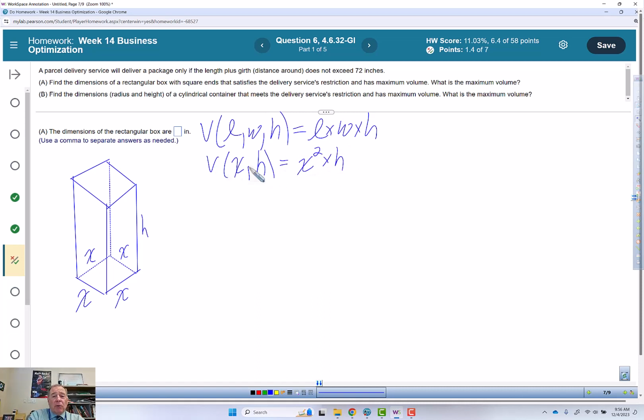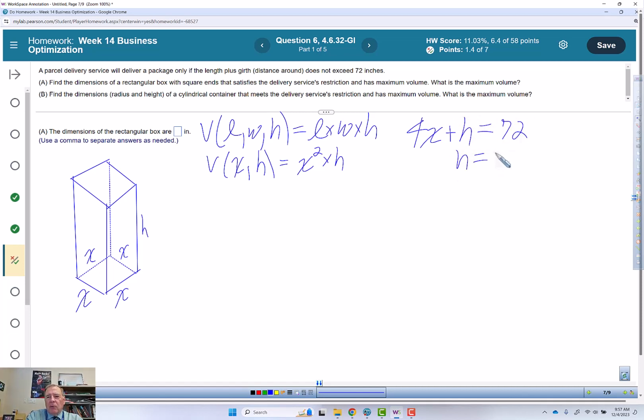In this class, we're only going to do functions of 1 variable, so we're going to need to find a way to get rid of the h variable. We can do that by this requirement here. The perimeter plus the height can't exceed 72 inches. The perimeter of a square is 4 times the side length, so 4x plus height equals 72.